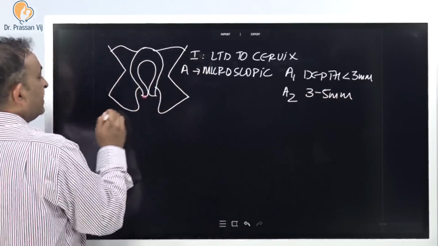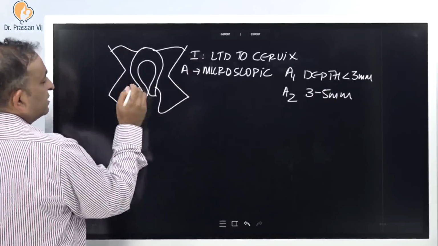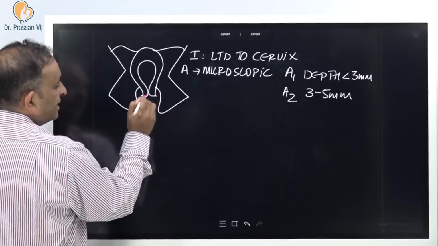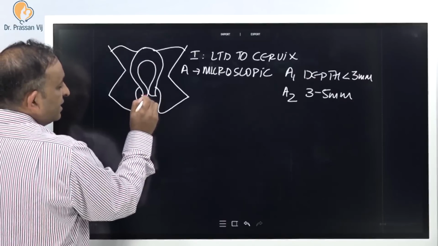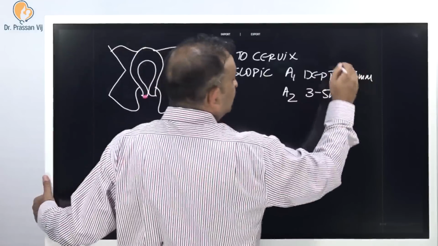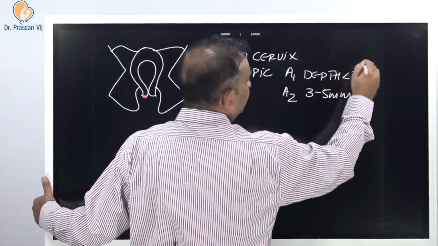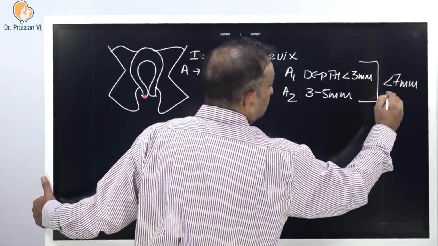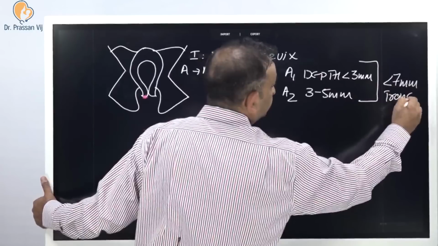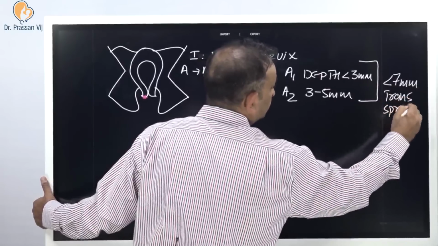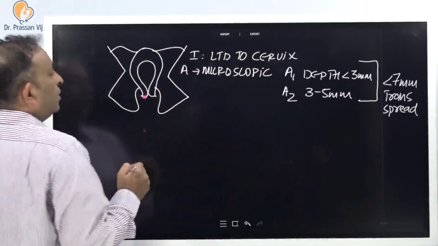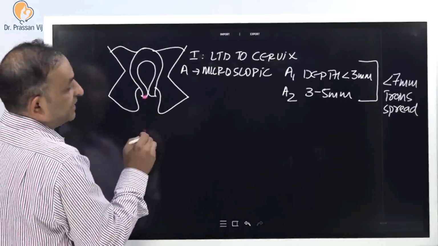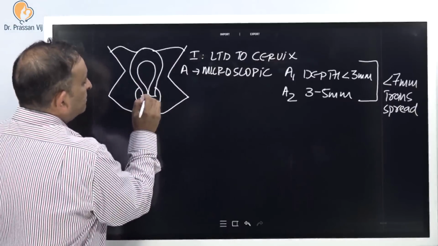Look here, the depth of the cancer cells is very less. It's only around 1 to 2 millimeters and the spread is less than 7. I'll write it here. The spread is less than 7, the transverse spread. So, the transverse spread is less than 7 and the depth is less than 3. Now, the depth is almost 5.